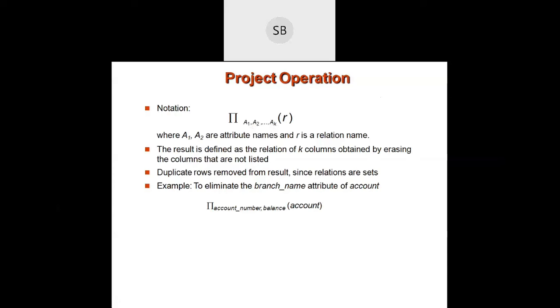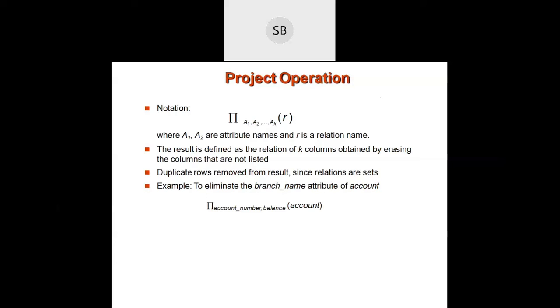The result is a relation of k columns, obtained by removing the columns that are not listed. So you have to select only the column data. Duplicate rows are removed from the resultant table and you display the table.